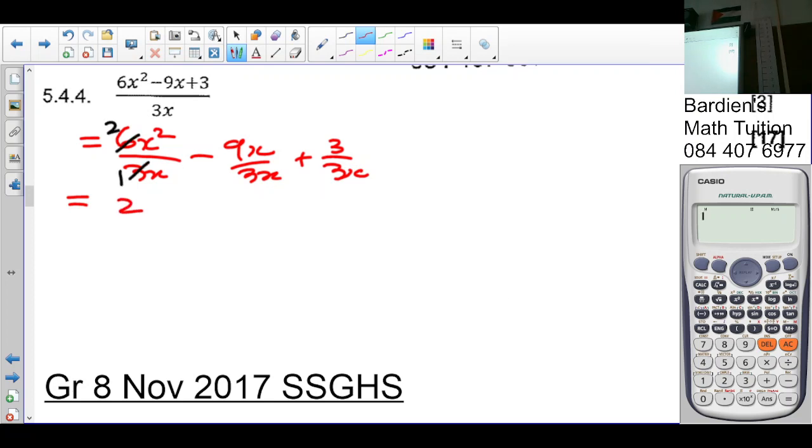So it's 2. X squared over x is x. Minus, 3 goes into 9 thrice, so it's going to be 3, and of course the x's cancel. Then 3 goes into 3 once. What are we left with? X in the denominator. Can you see x is in the denominator there? So I put 1 over x.